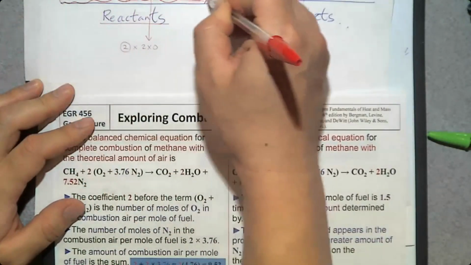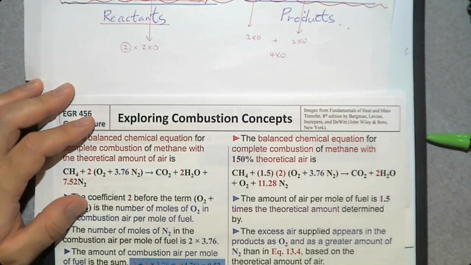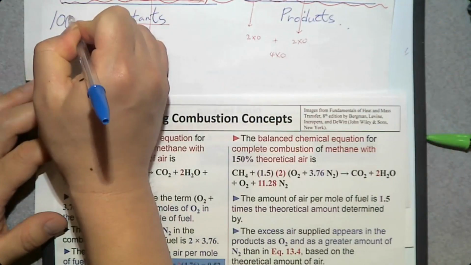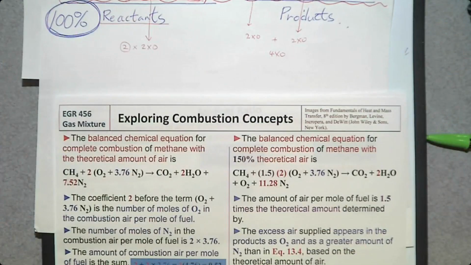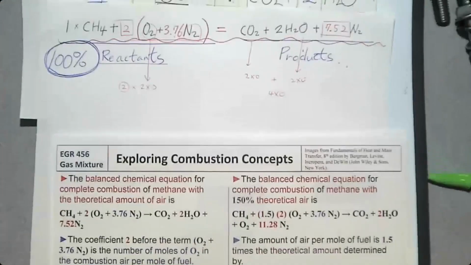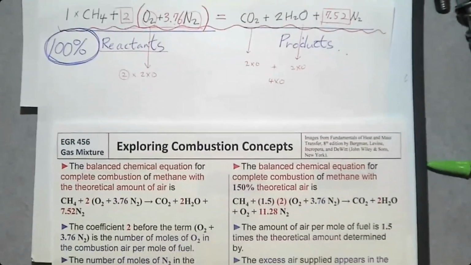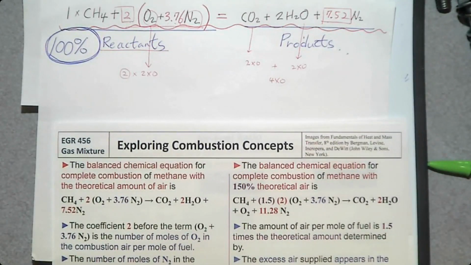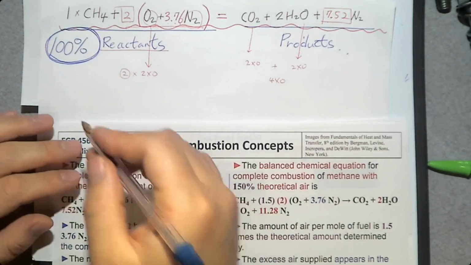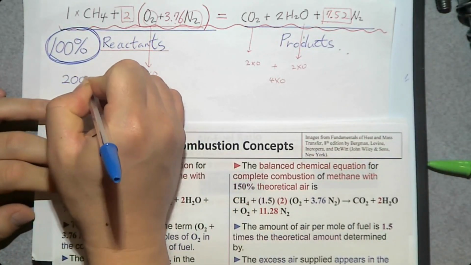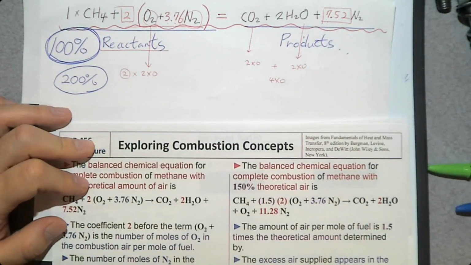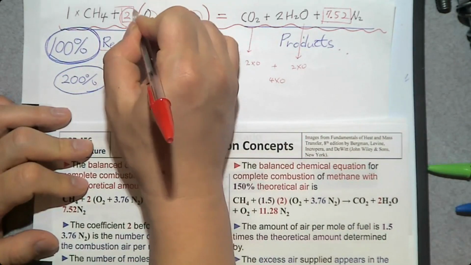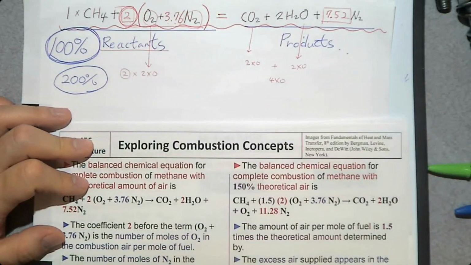So this is the balanced reaction equation with 100% theoretical air. If we have 200% of theoretical air, then this equation is going to change. This number is going to be multiplied by 2.